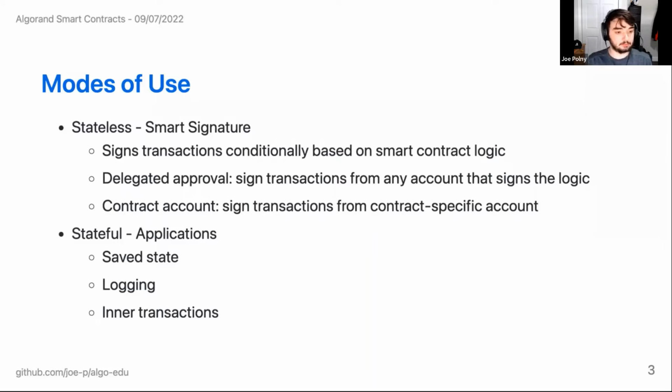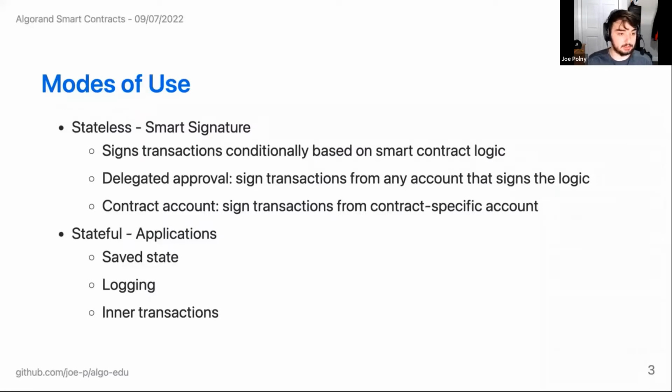Smart signatures are a little bit confusing, at least they were for me when I first started. But with the state of how much you can do with a stateful application, it's really recommended that you don't bother with smart signatures unless you absolutely need to. For most cases, you just want to stick with stateful applications.